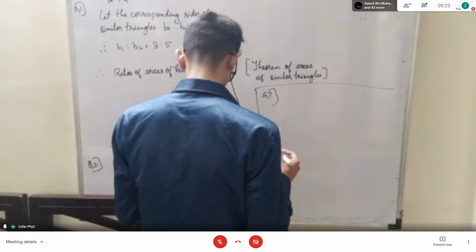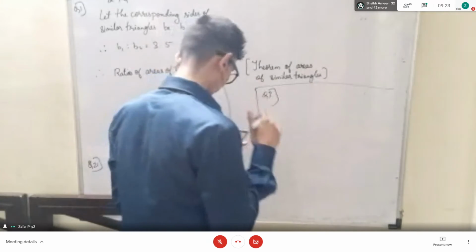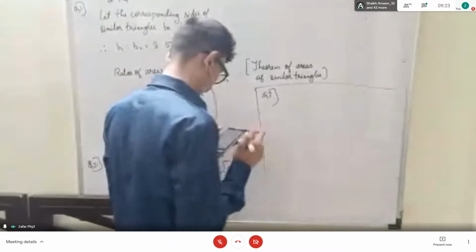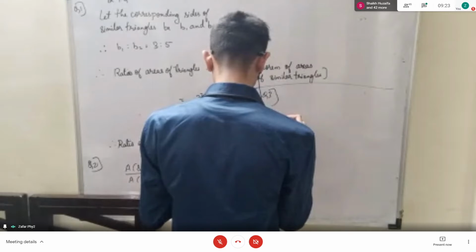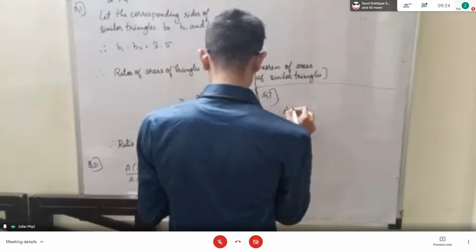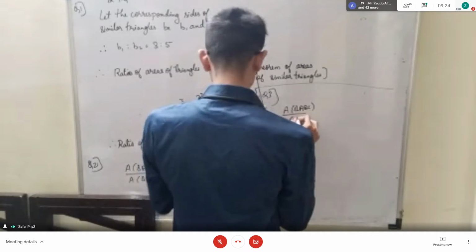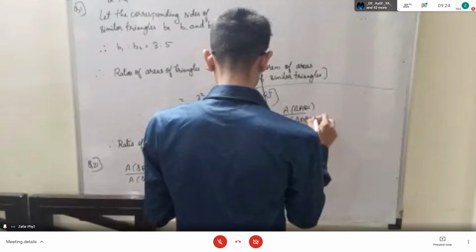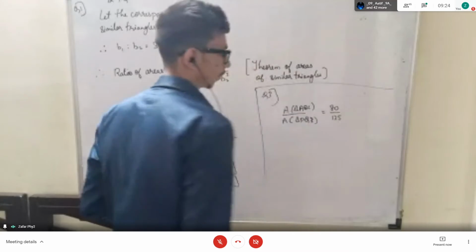So ABC is given, area of ABC is 80 and triangle PQR is 125. So area of triangle ABC upon area of triangle PQR is equal to 80 by 125.